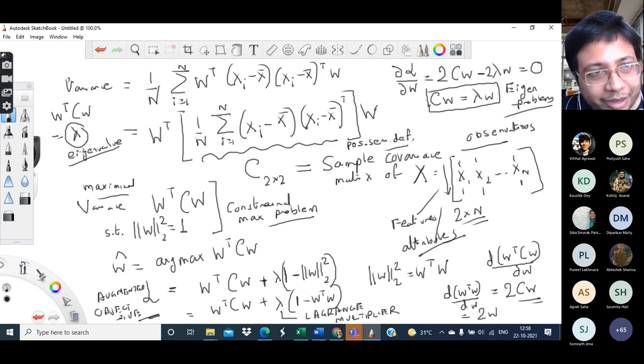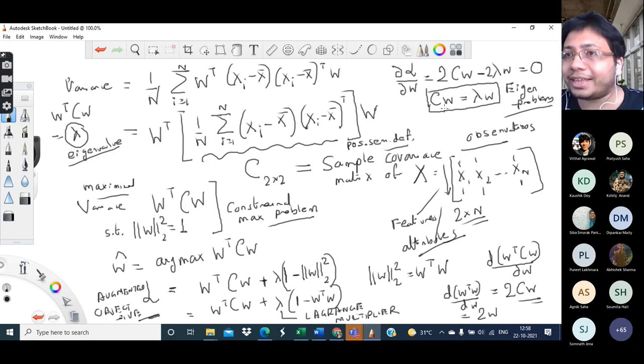So accordingly, I want to choose that eigenvalue which is as large as possible. Although C can have d eigenvalues and d eigenvectors, I will choose the eigenvalue which is the largest.